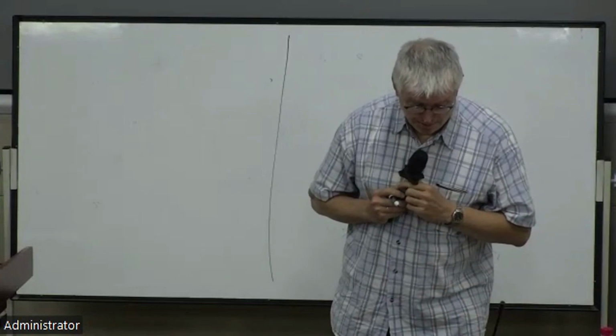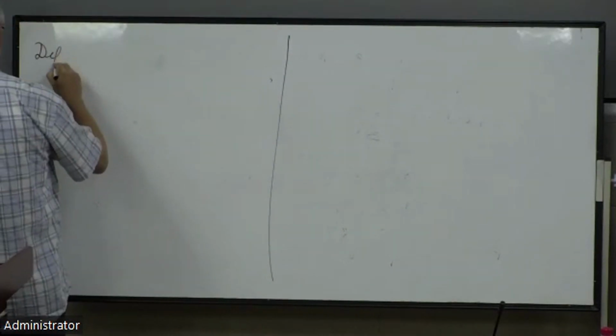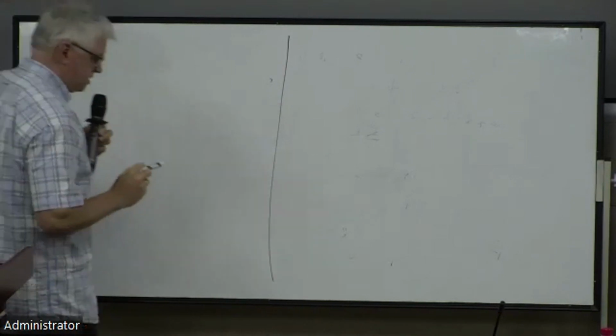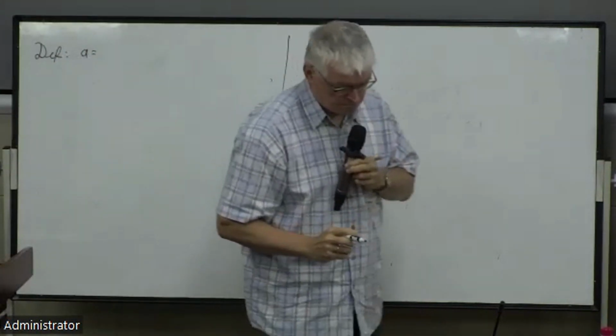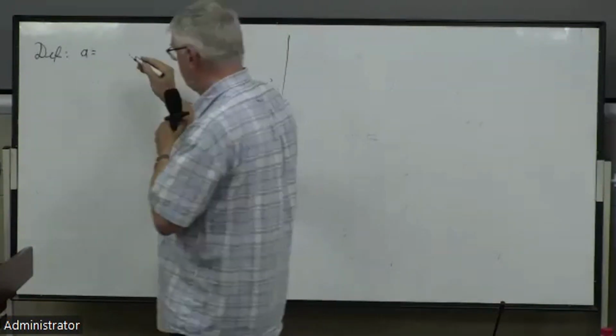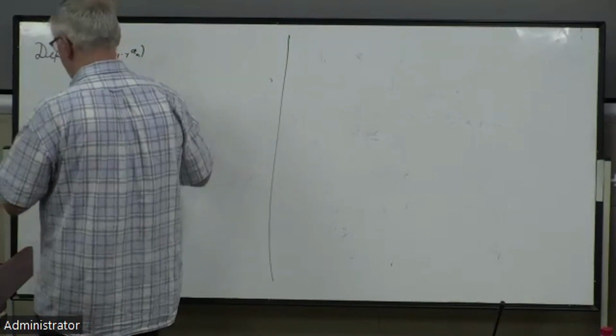And yeah, the definition is as follows. First, we define a superrelation. So we assume A is a finite sequence. What does this mean?